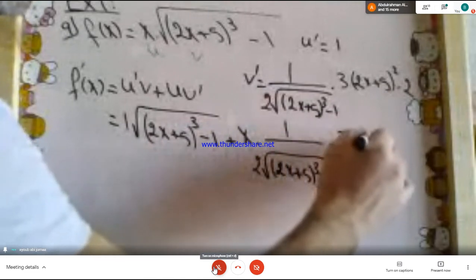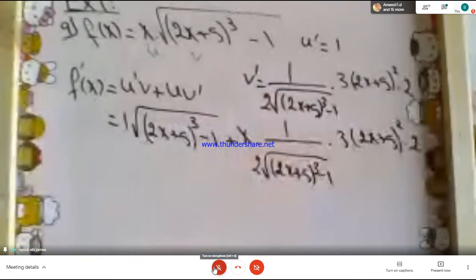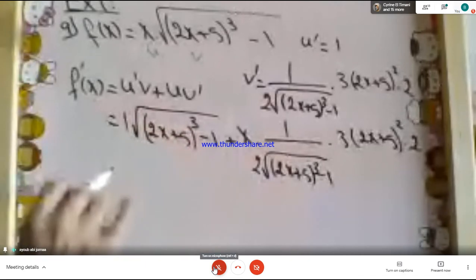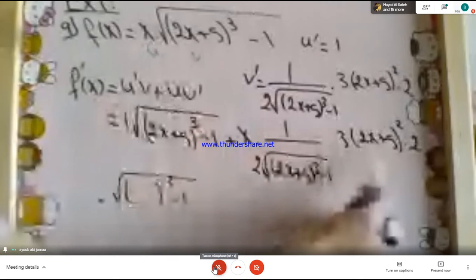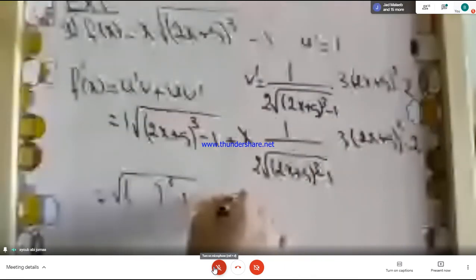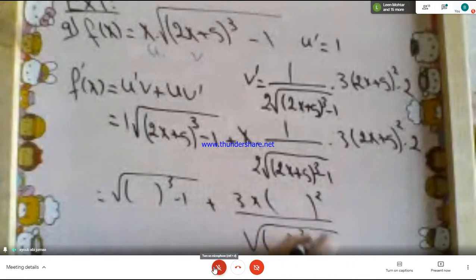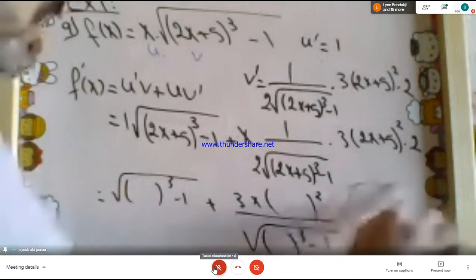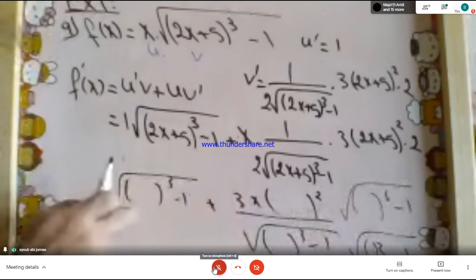Sir, how do we simplify it, like in the exam? They won't ask you to simplify. But it's not wrong to know how. If you want to simplify, see what you do. This stays the same, radical power 3 minus 1. Here you can simplify 2 with 2. So you get plus 3x, 3 times x times this over radical power 3 minus 1. If you want to simplify more, rationalize the denominator: multiply by radical power 3 minus 1 here and there, then take a common denominator with this.